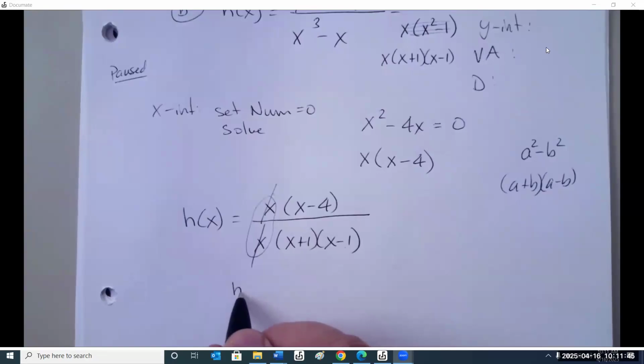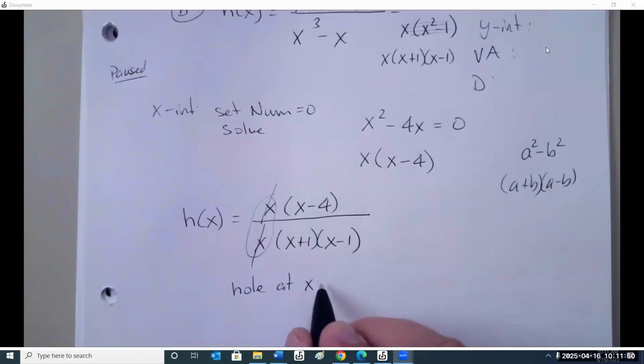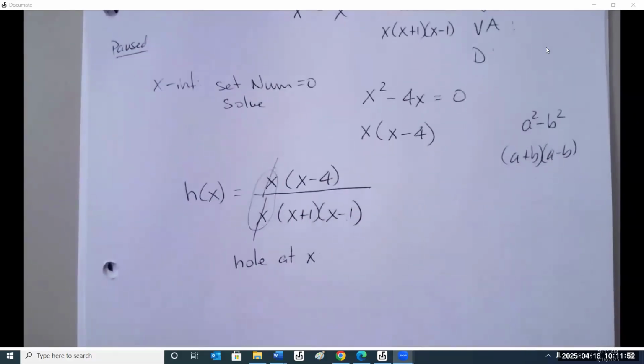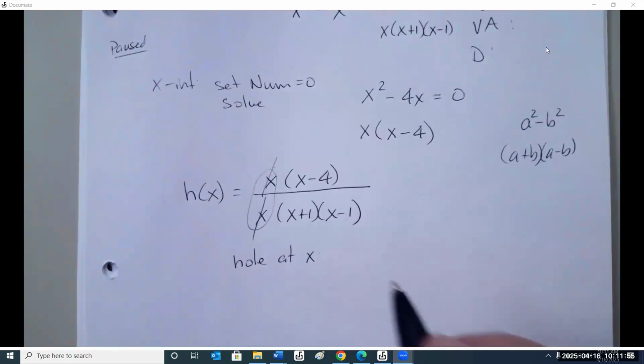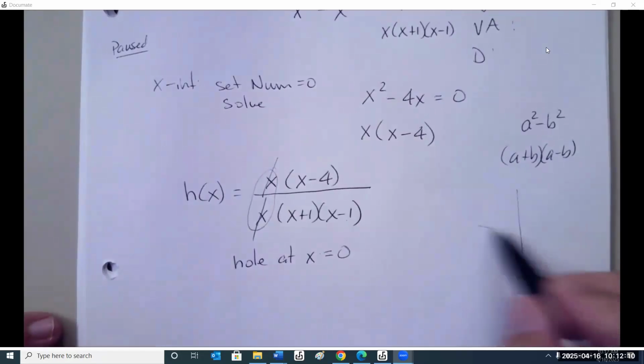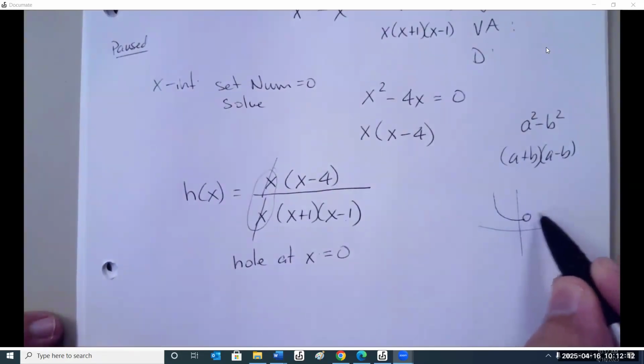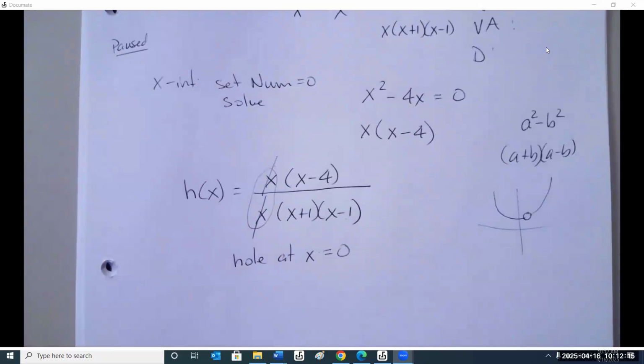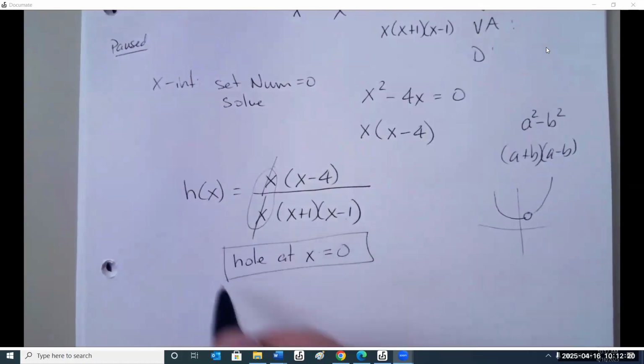That creates a hole at x equals 0. What is a hole? A hole is not an asymptote. We continue the graph, but we put a hole at that value where it should be. So we have a hole at x equals 0.